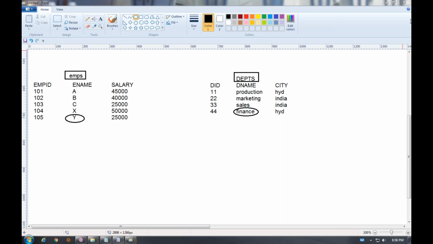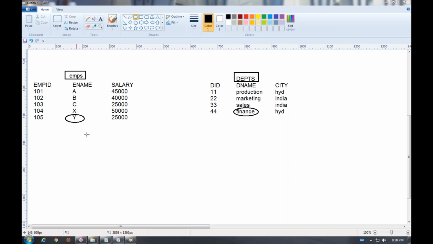See, we are unable to find out what the department name is. Yes, Anush. What is the department name of any employee? I don't know. Yes, Irshad Sheikh. Right answer.